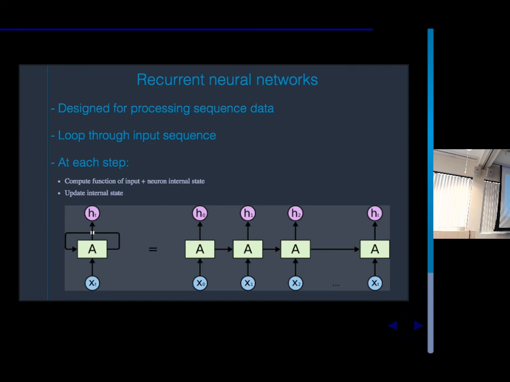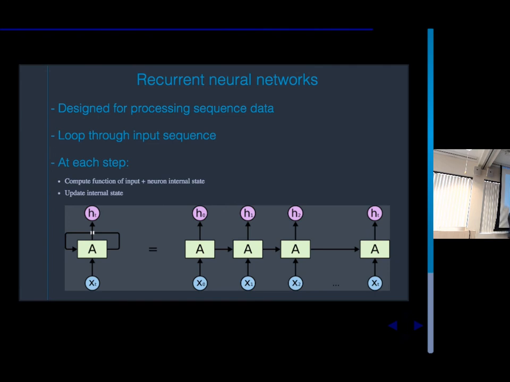So we have a bunch of inputs, and these could be numbers or they could be vectors or whatever. We take each input in our sequence, we pass it as an input to some sort of neural network, and that neural network outputs a new value, a prediction for that input. And then we basically just keep doing that over and over again.